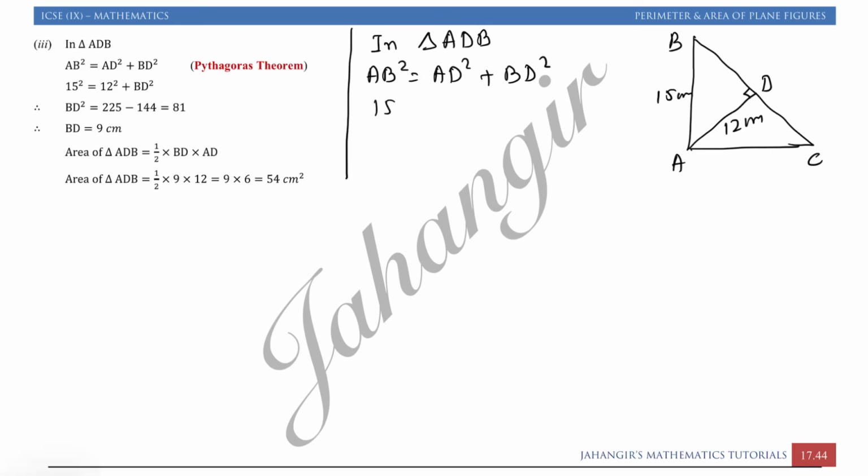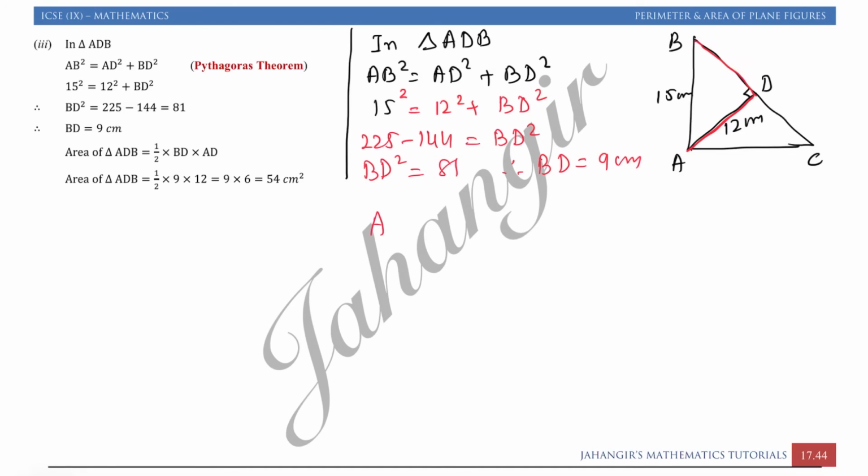So if we find BD, I can easily find the area of triangle ADB by taking half into base into height. So 15 square is the hypotenuse, which is equal to AD, 12 square, plus BD square, which we don't know. 225 minus 144 is equal to BD square. So BD square is equal to 81. So therefore BD is equal to 9 centimeter.